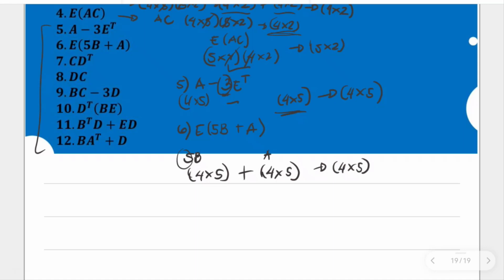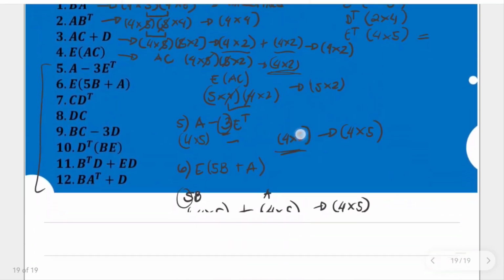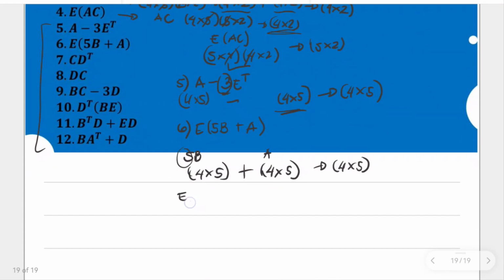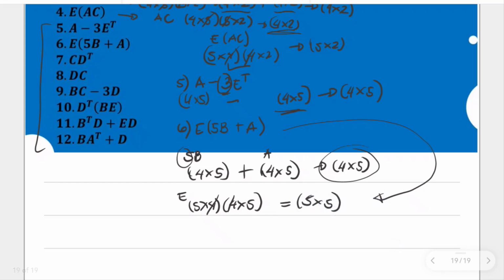But this is to be multiplied with E. And E earlier is 5 by 4. So you have a 5 by 4 matrix to be multiplied with the result 4 by 5. So our resulting matrix for the entire operation is a 5 by 5 matrix.